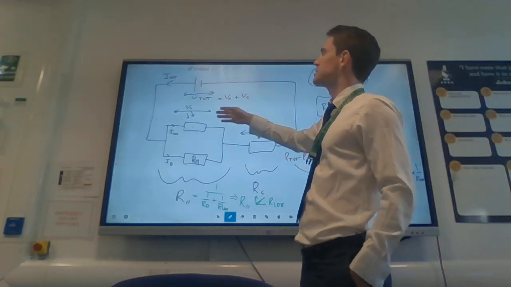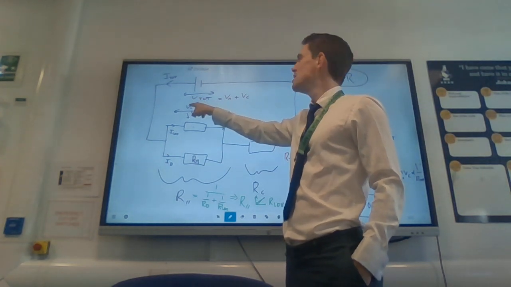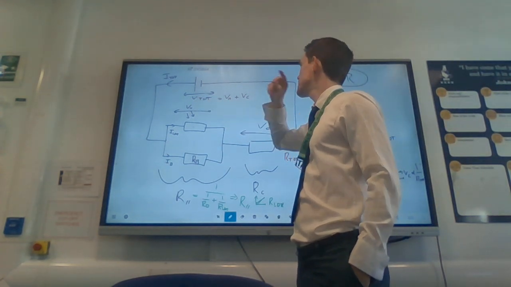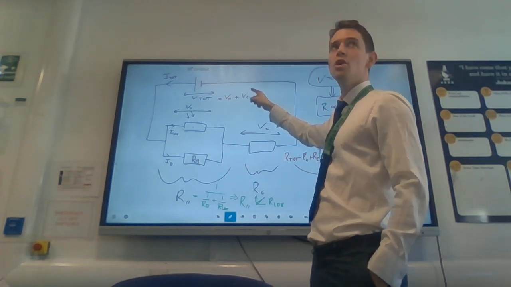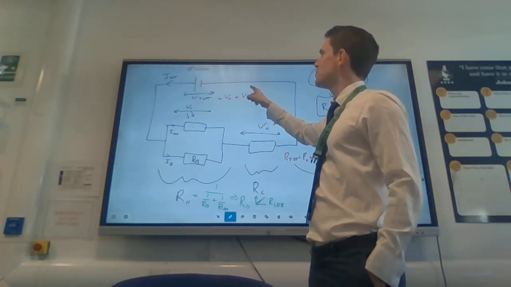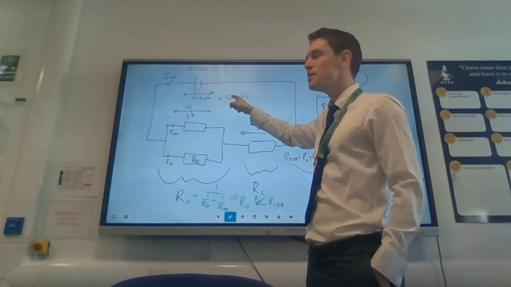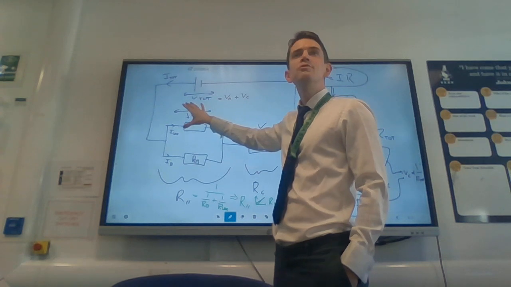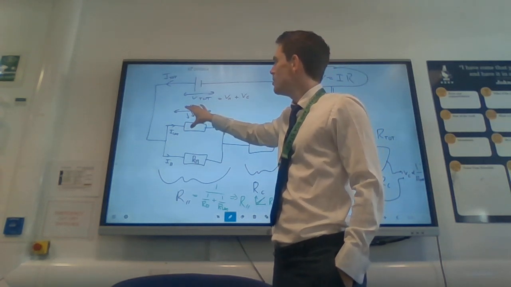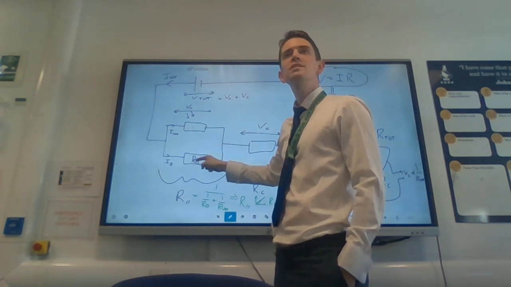So now we've been able to say V parallel has, where did we get to? We said this thing had gone up, therefore this thing has gone down. So we know the voltage across this has decreased, which is the same as the voltage across this.